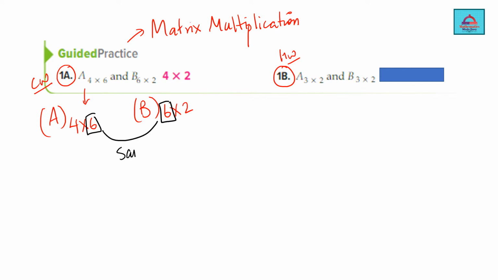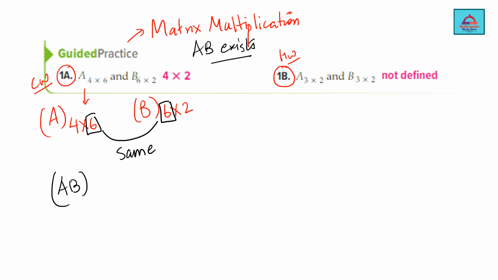Oh, it's same. So because it is same, it is well defined. So AB matrix multiplication exists. It is well defined. And what will be the resulting order when you multiply? It will have the remaining dimension. So 4 cross 2 means 4 rows and 2 columns. So this is all about A part. I'm sure you'll be able to now try B part here.